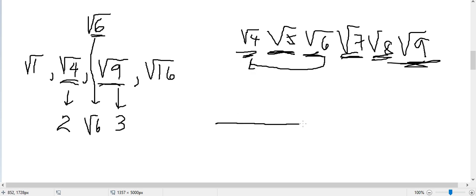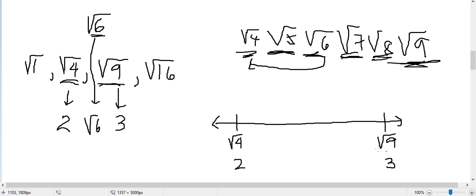Therefore, if you are going to plot that on a number line, so let's say here square root of 4, that is 2, and this point is square root of 9, and that is 3.